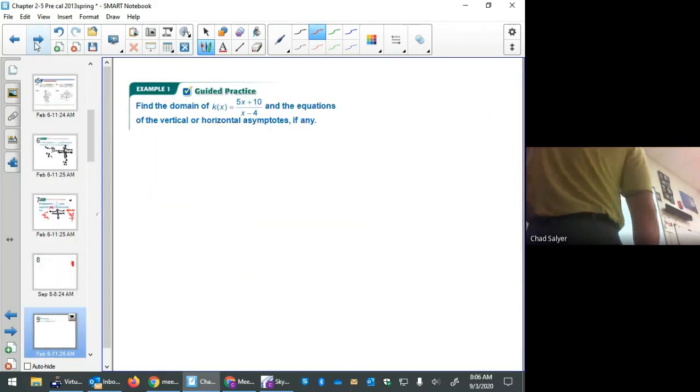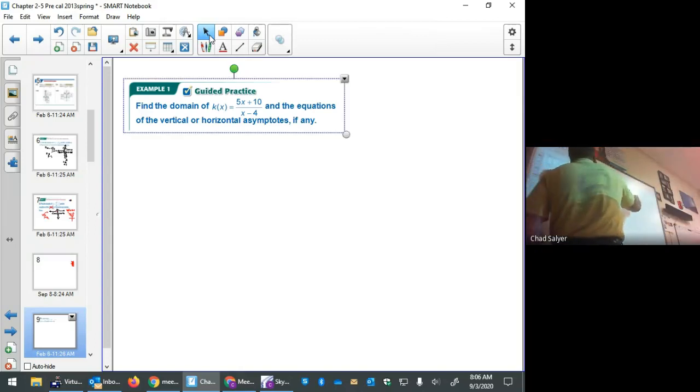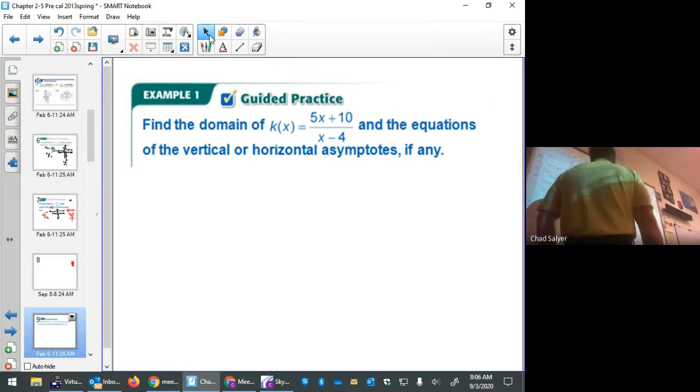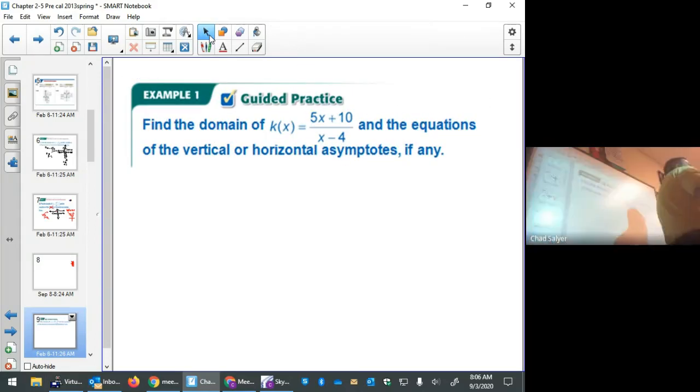Okay, so here's one for you. Graph it on your calculator, glance at the graph, and tell me what you think the horizontal and vertical asymptotes are. I'll give you just a minute.